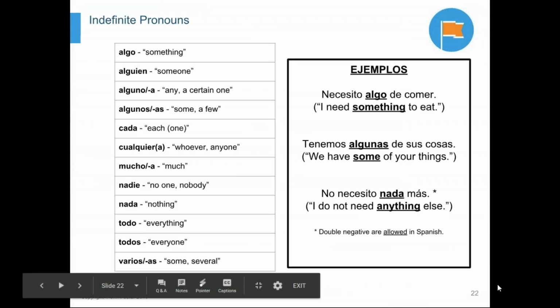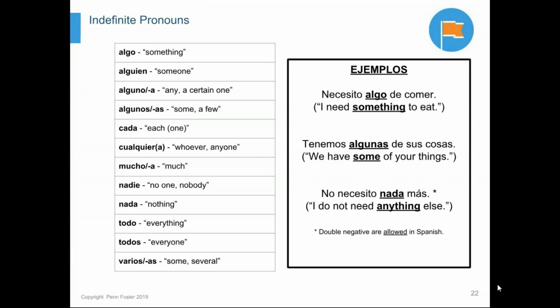Okay, and our last type of pronoun is an indefinite pronoun. An indefinite pronoun is one that refers to one or more unspecified objects, beings, or places, and they don't indicate the exact thing to which they refer.